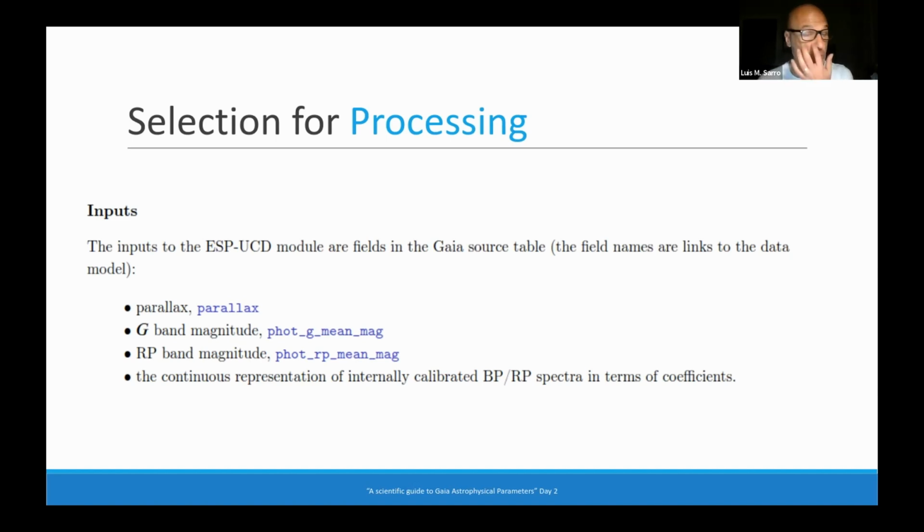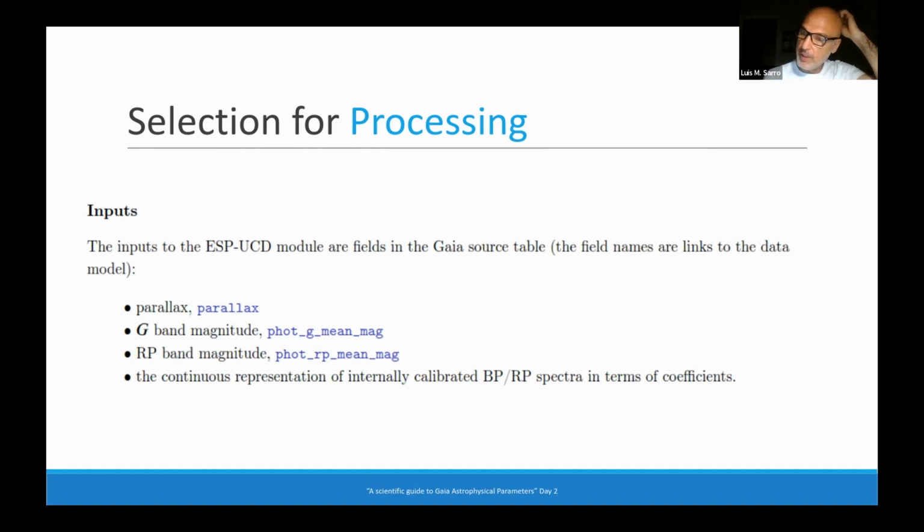Now, in order to do the selection, of course, not every Gaia source is a candidate to be a UCD. We use four Gaia observations, which are the parallax, the G and RP band magnitudes, and the continuous representation of the internally calibrated RP spectra, in terms of coefficients.